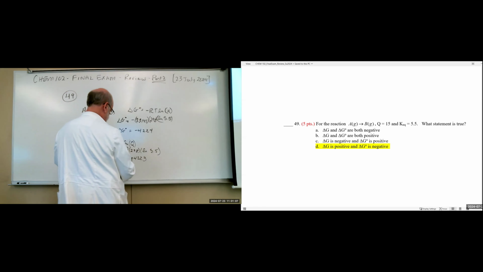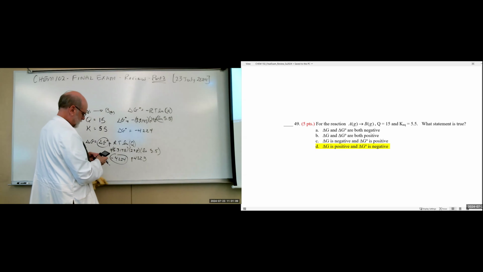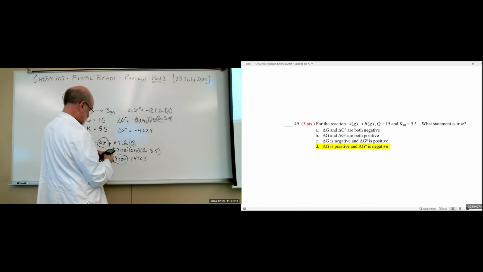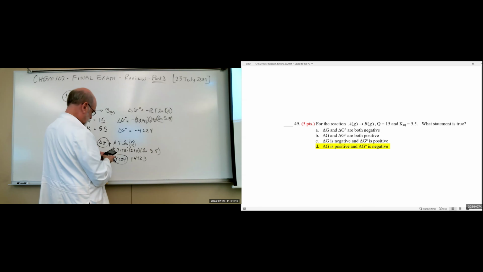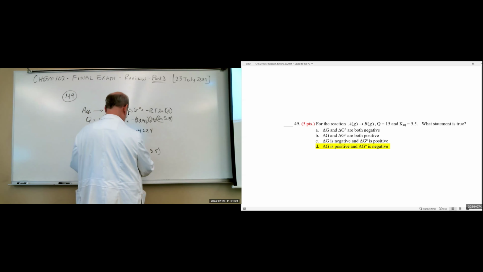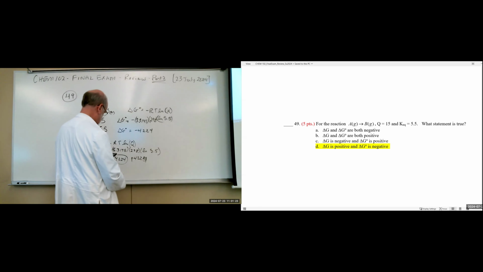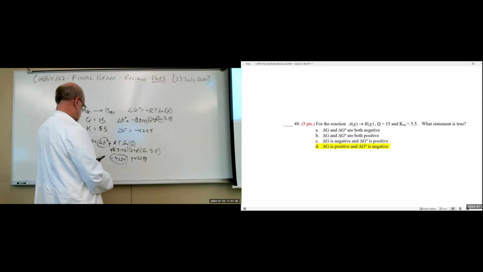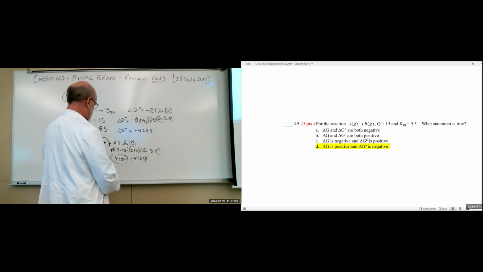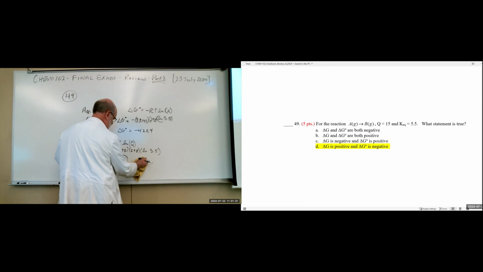And then this is 5.5 natural log, and then 298, and then 8.3145 times. And this is 420. Oh, wait a minute, that's 424 also. That can't be.